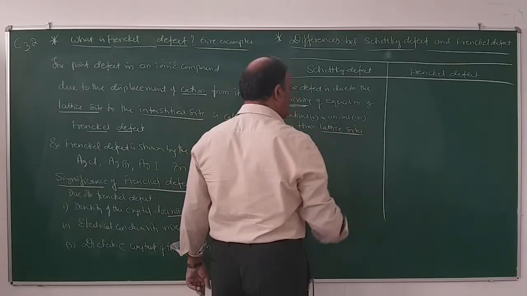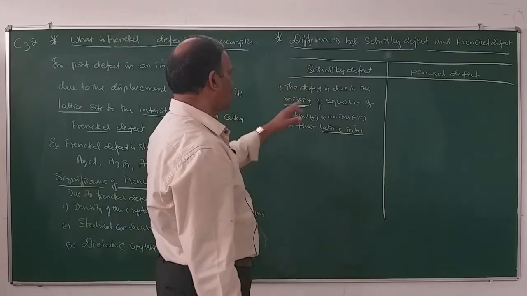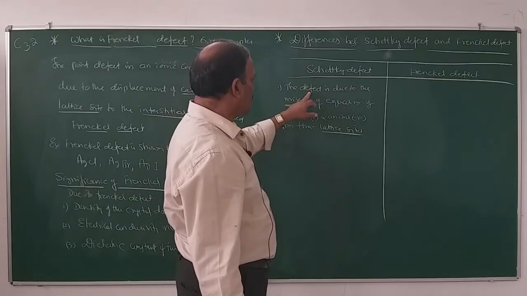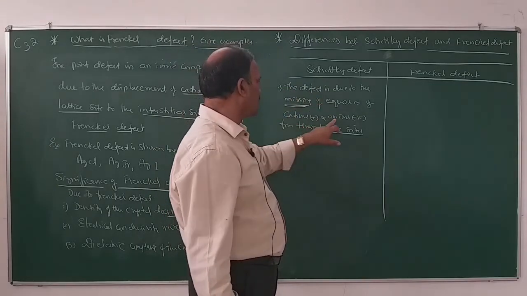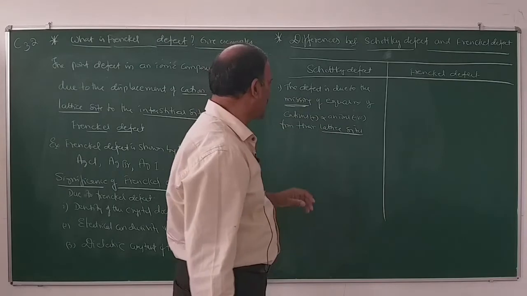Lattice sites means the positions of the particles. The crystal defect is due to the missing of equal number of cations and anions from their lattice sites.